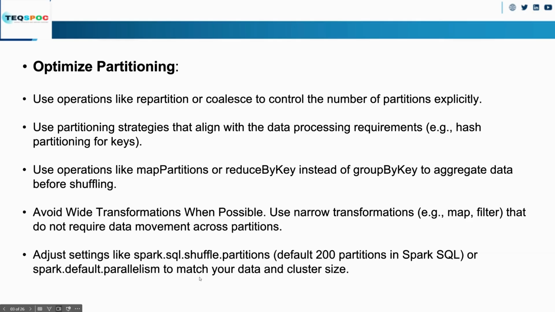Right. Second is use partitioning strategies that align with the data processing requirement, like hash partitioning. Whenever you hear the term hash, it kind of works like bucketing in Hive.